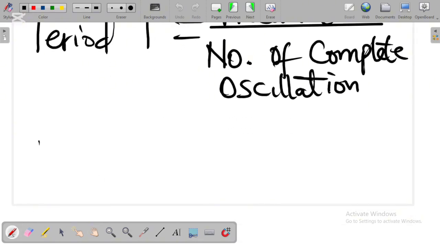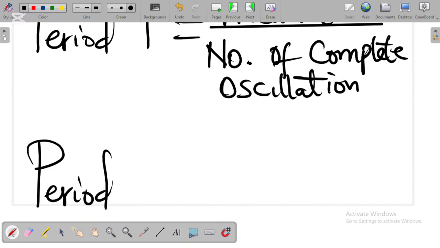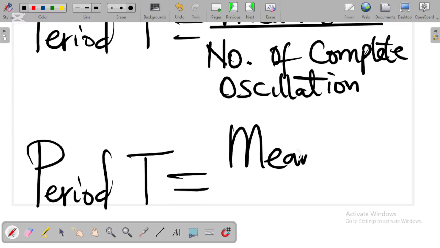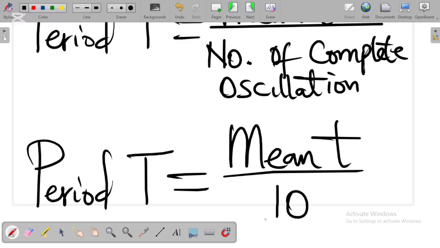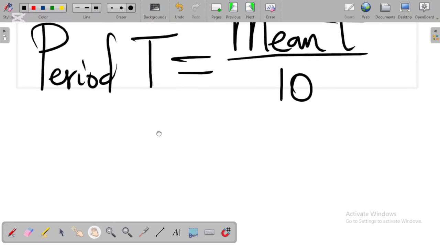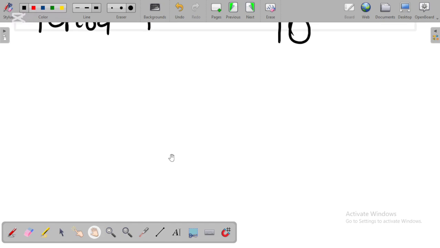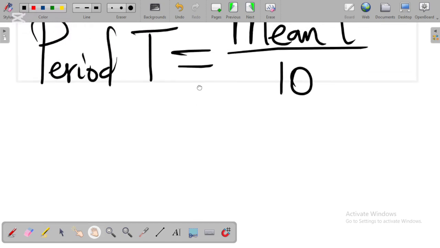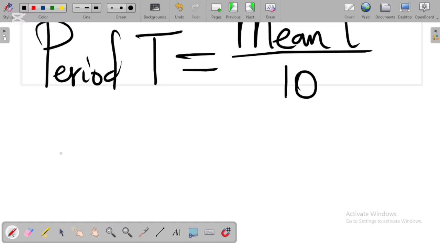So therefore, period t is equal to mean t all over 10. So since period t is equal to mean t all over 10, let's now find the period for each of them.